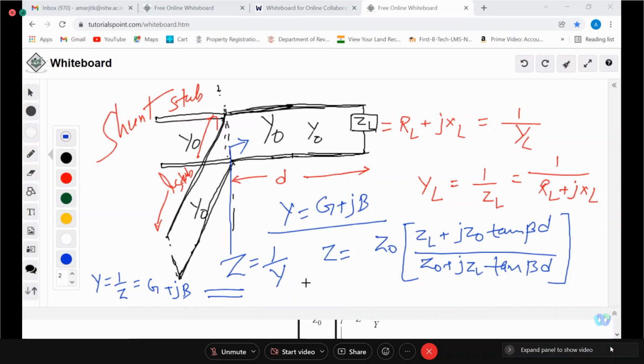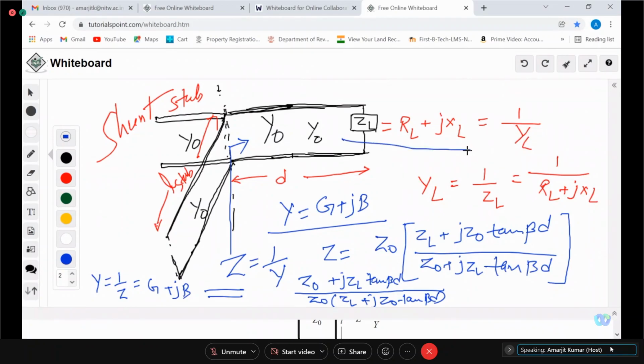So if you reverse it, it will become Z naught plus j ZL tan beta d divided by Z naught into ZL plus j Z naught tan beta d. And also write ZL is equal to RL plus jXL.